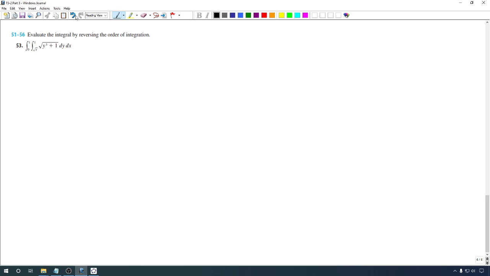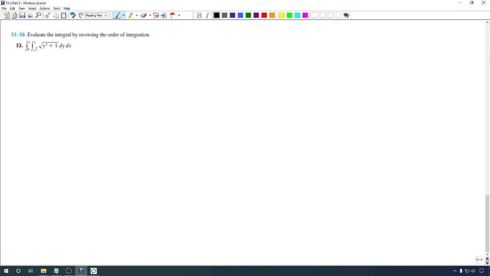But if we look at 53, what we have here is we're trying to integrate the square root of y cubed plus 1. Integrating that is actually impossible to do in what we call elementary functions. There's no nice form for that integral in terms of exponentials, logarithms, square roots, any of that kind of stuff.